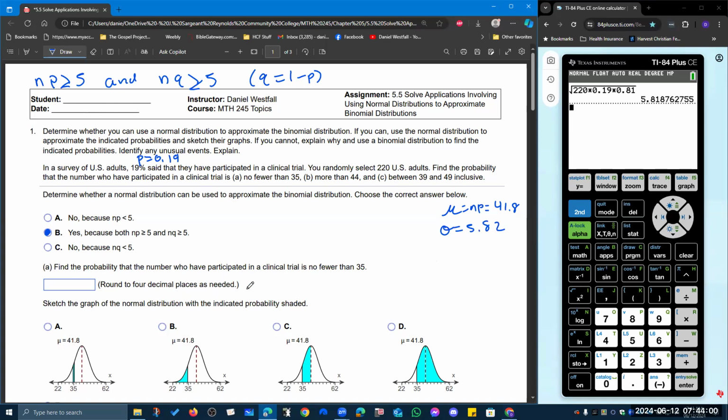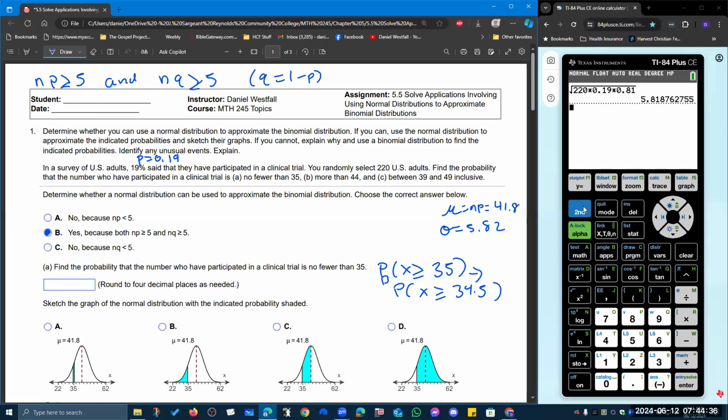Find the probability that the number who have participated in the clinical trial is no fewer than 35. So X greater than or equal to 35. We're going to look at this continuity correction factor. 35 is on the left-hand side, so we're going to subtract 0.5. This turns into the statement X greater than or equal to 34.5 for the normal distribution.